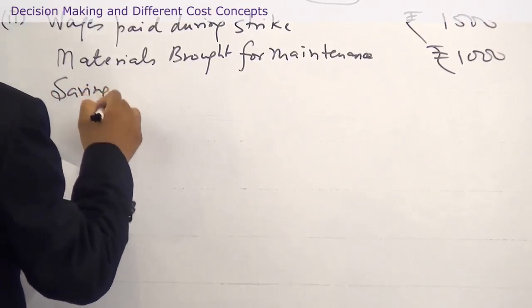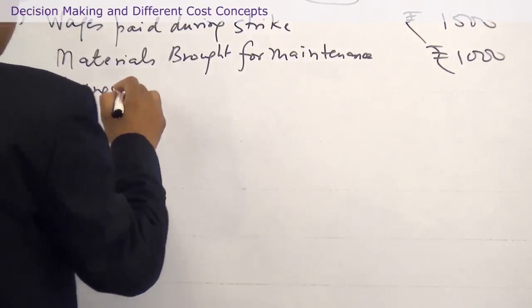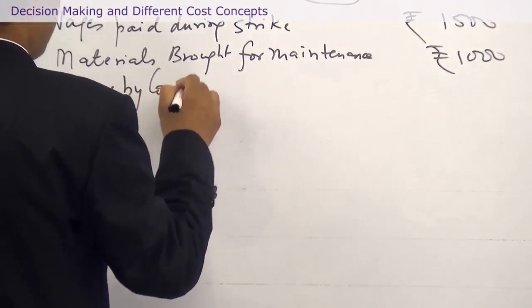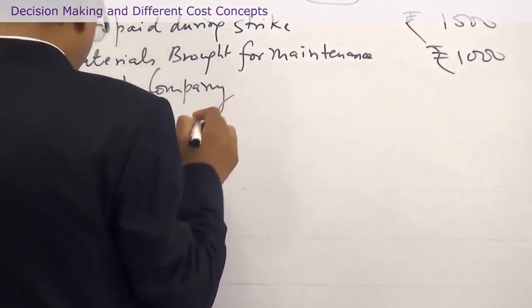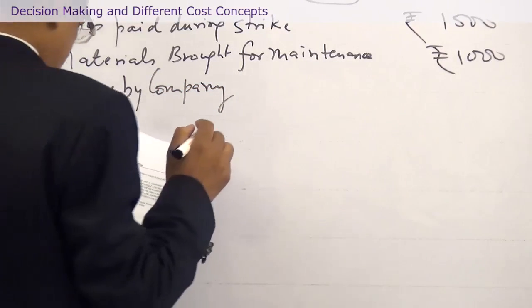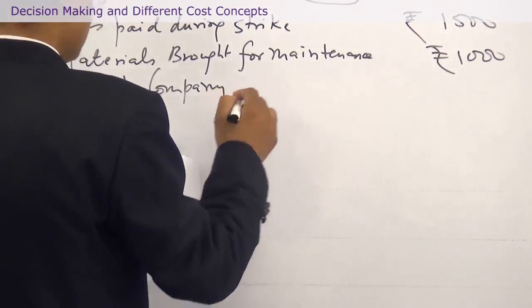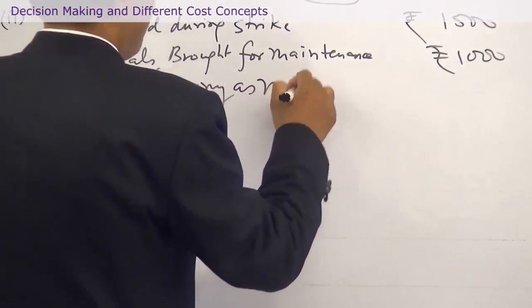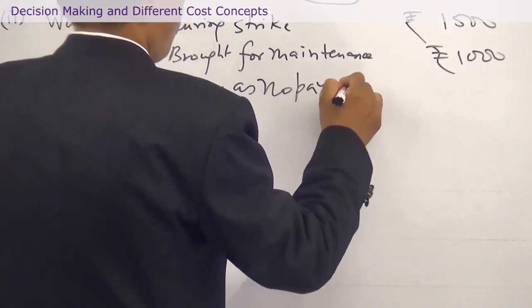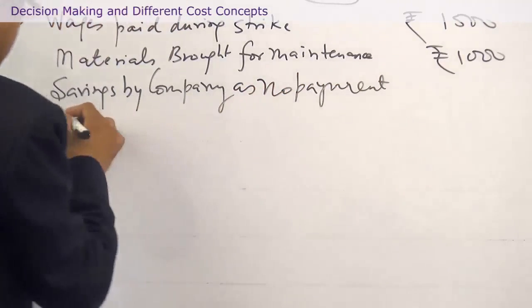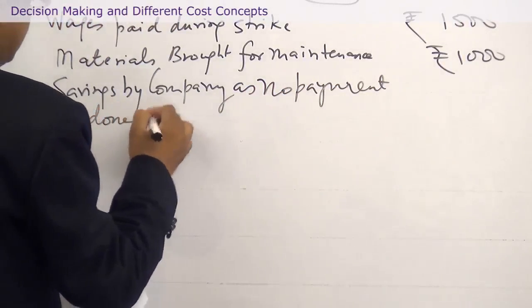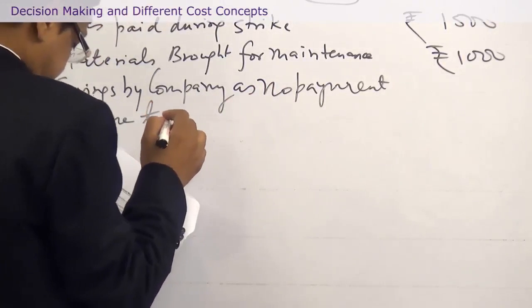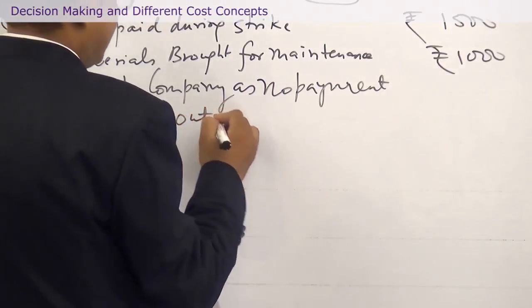You also have savings by the company as given in the calculation sheet, as no payment is done to the outside contractor.